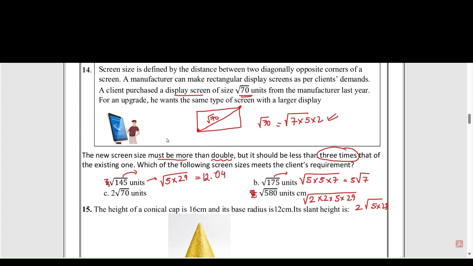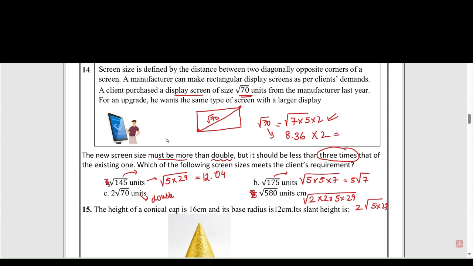root 145 is exactly 12.04. Root 70 is 8.36. This is double, 2 times. This is already double.